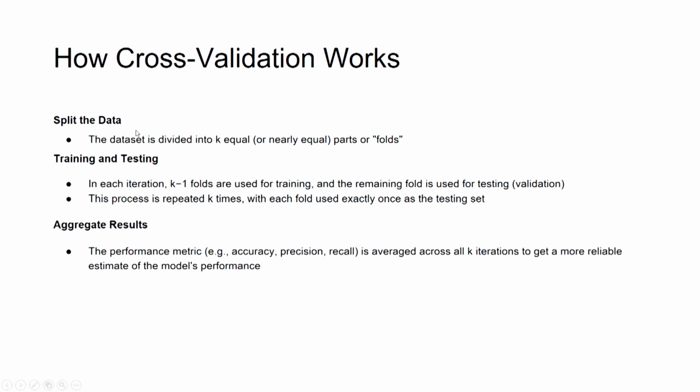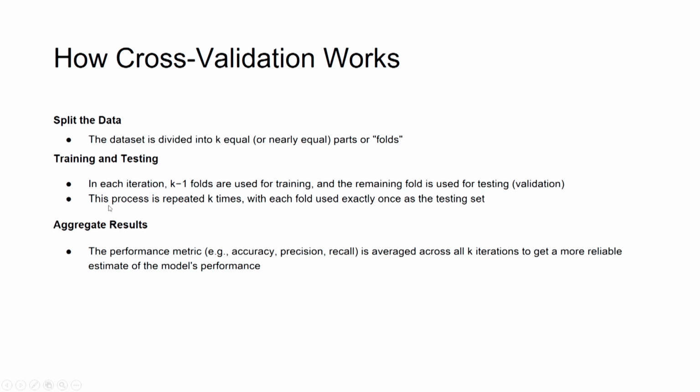This is the way. First we split the data into k equal folds. After that, in each iteration k minus 1 folds are used for training, and the remaining 1 fold is used for testing, or validation. And finally, we will test our model on totally new data.